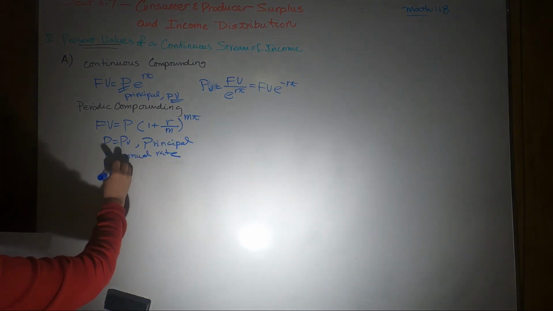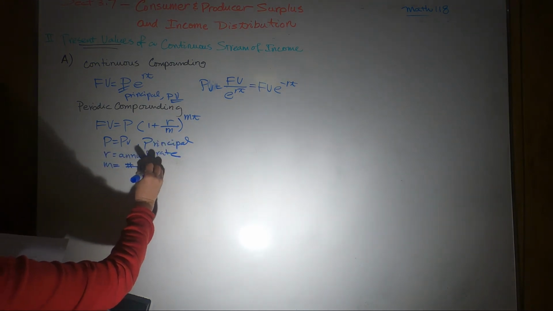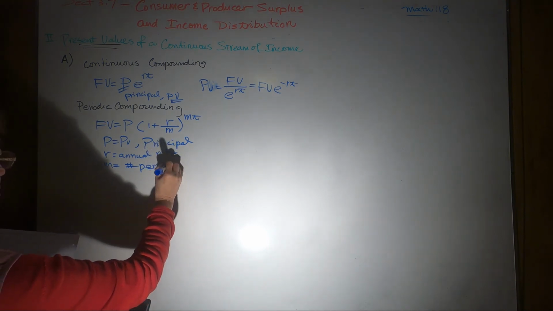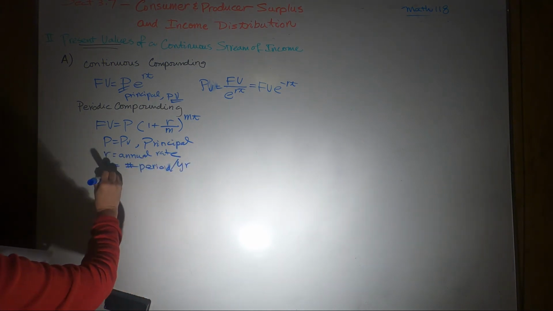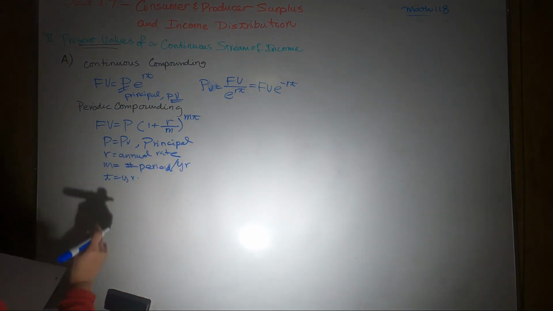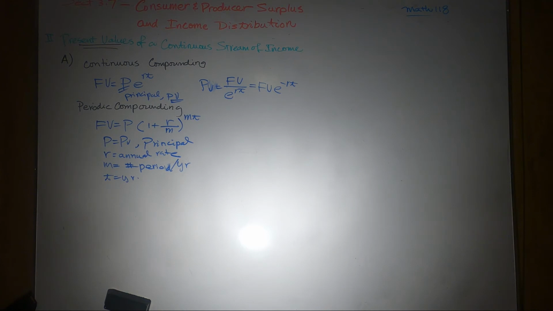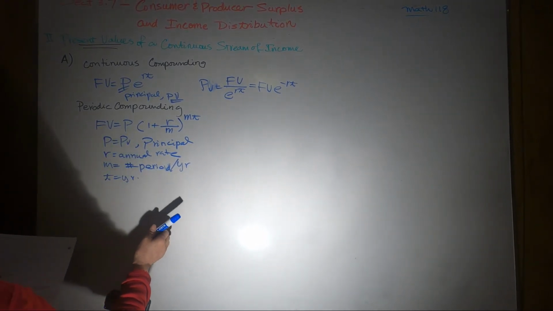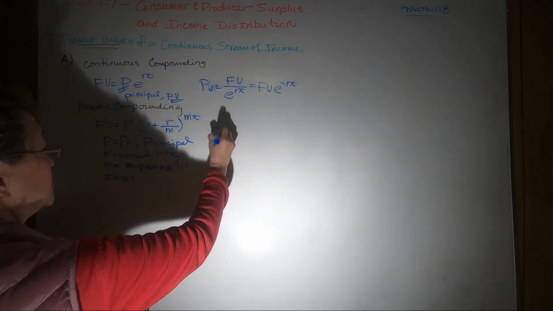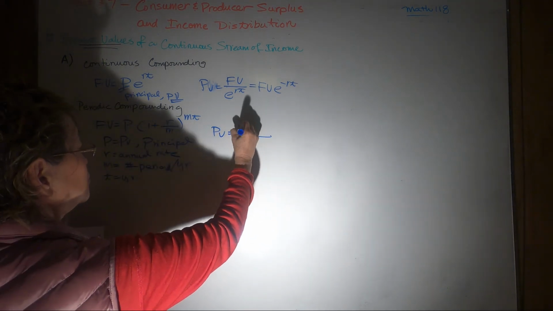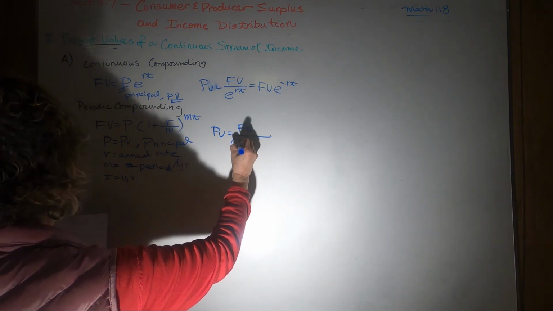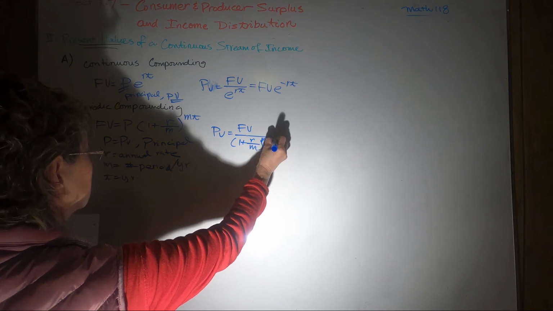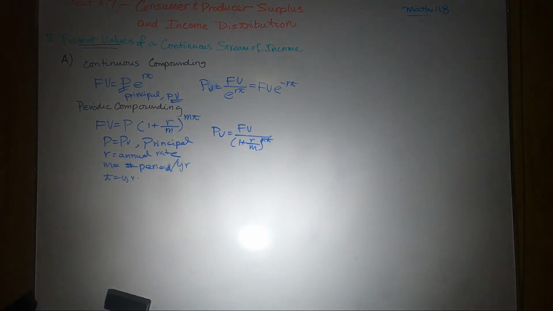Then M is how many times you compound per year, the periods per year. T is your years. But from the future value, we want to calculate the present one. Present value will be future value divided by 1 plus R over M to the MT, right?